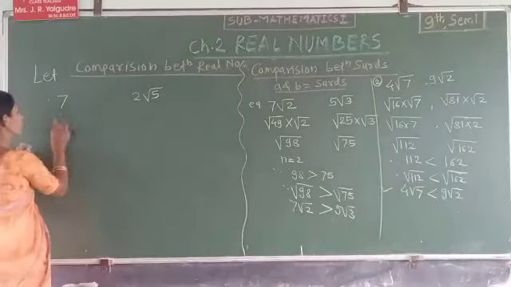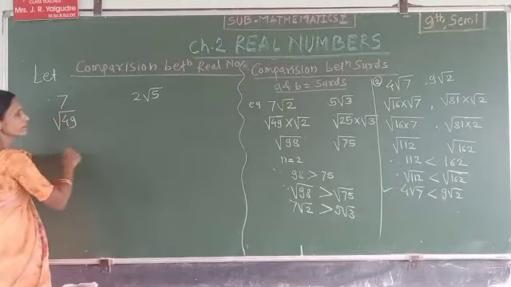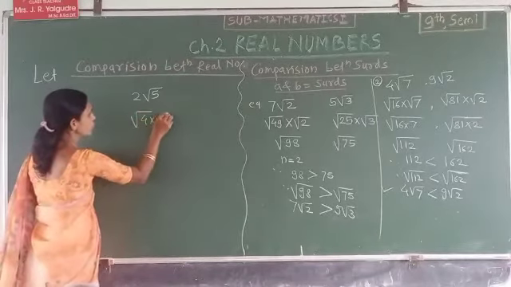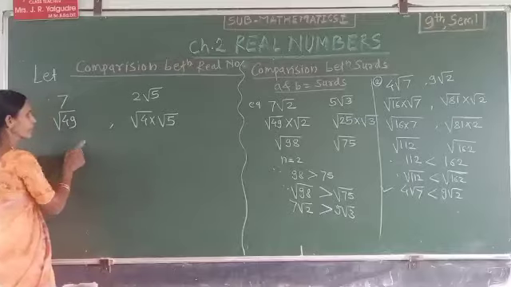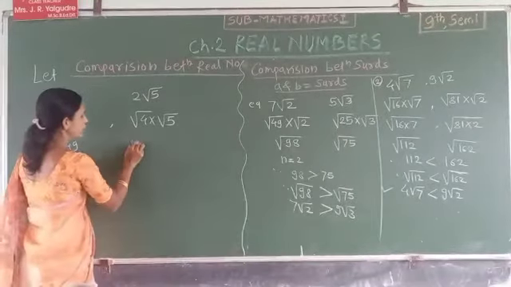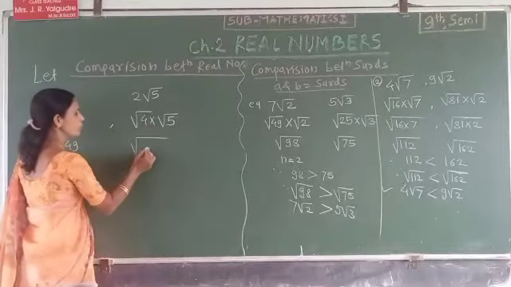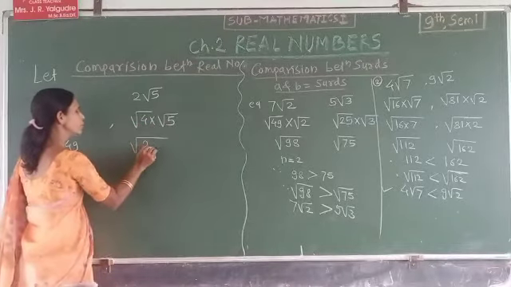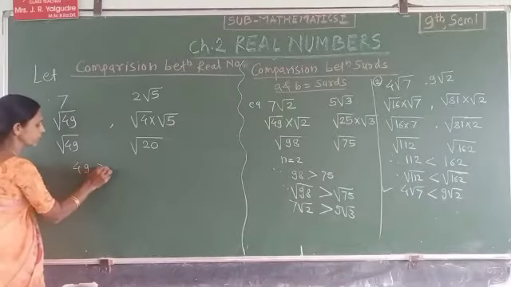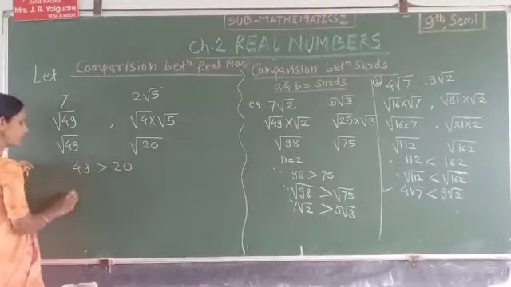Then 7 means root 49, and 2 root 5 means root 4 into root 5. Then root 4 into root 5 means 4 into 5, that is root 20. Then 49 is greater than 20.